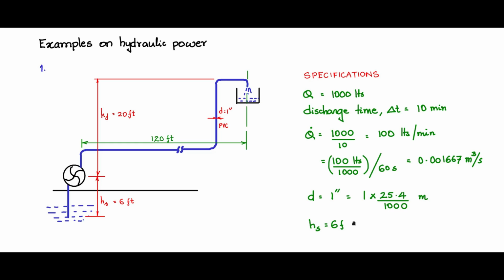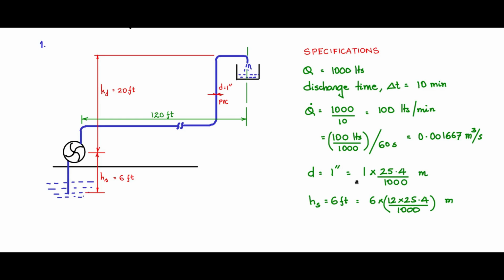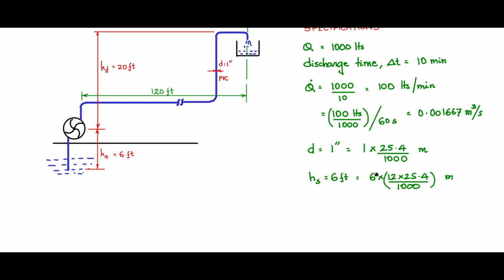Suction head is 6 feet. Converting the feet to meter, 6 feet contains 12 inches each, and each inch is 25.4 by 1000. So that is how you convert it to meter. Let me make some space.